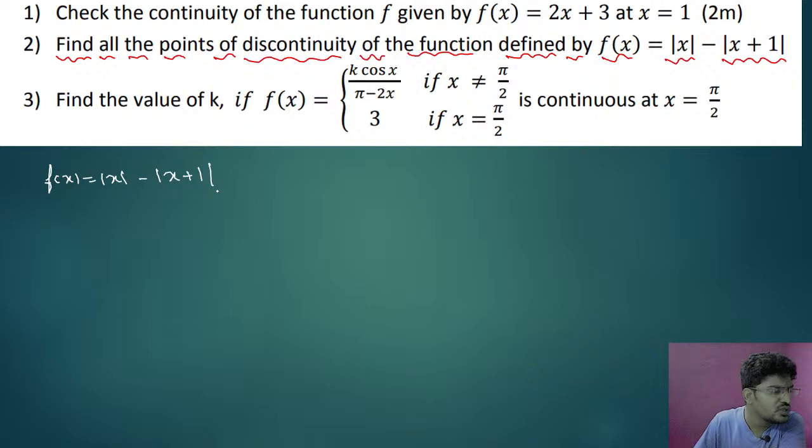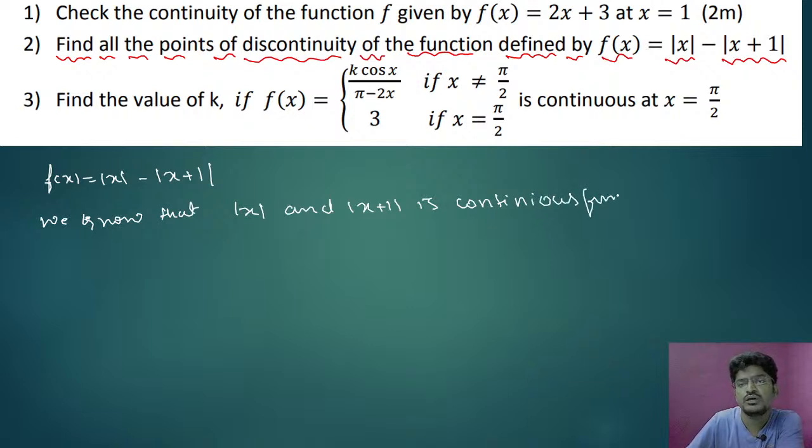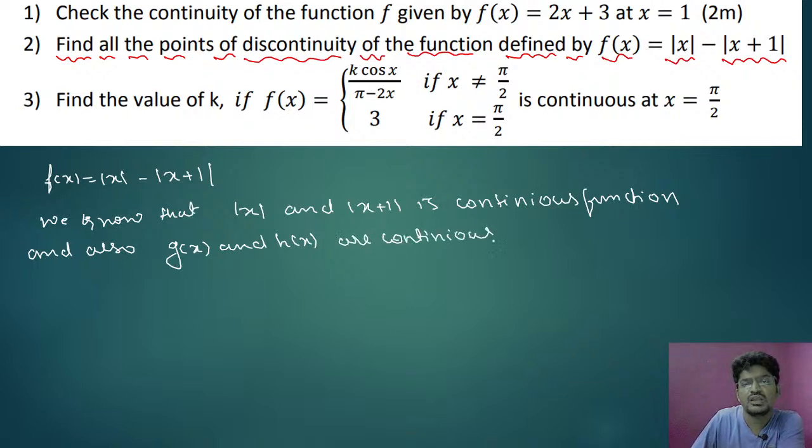Clear? So here we know that mod x and mod x plus 1 are continuous functions, and also if g of x and h of x are continuous, this implies g of x plus h of x is also continuous.